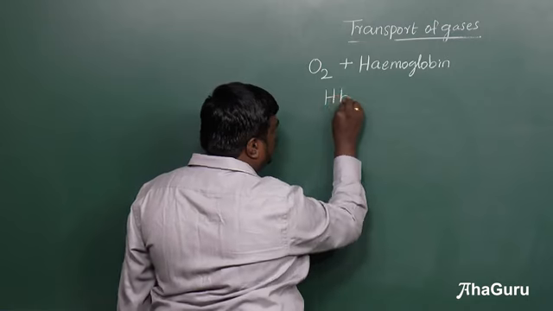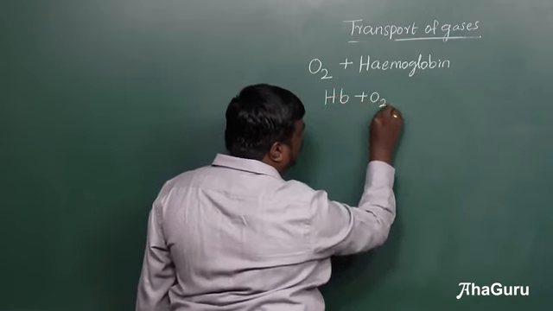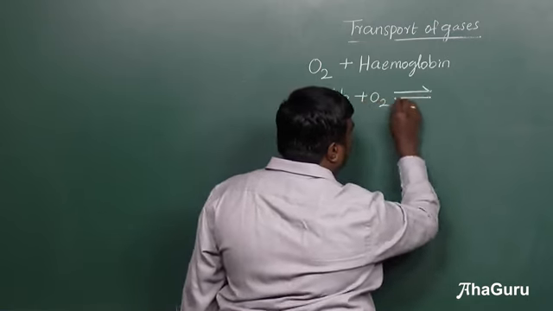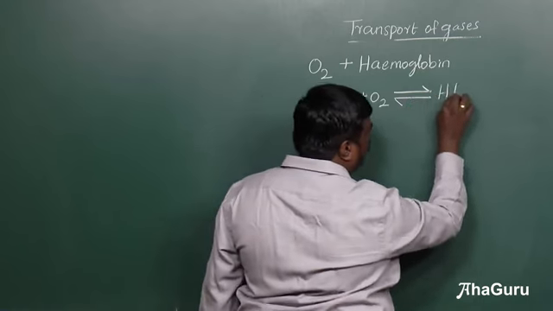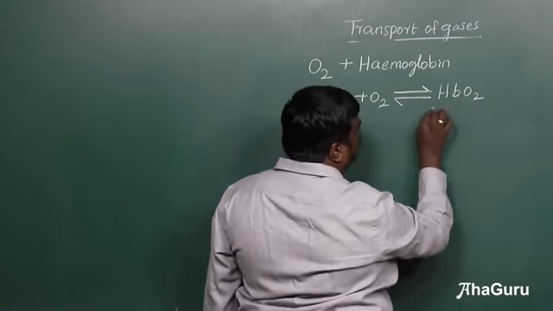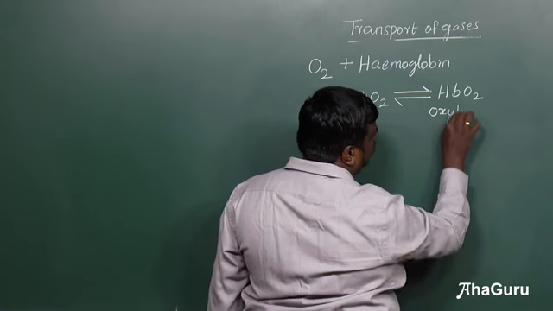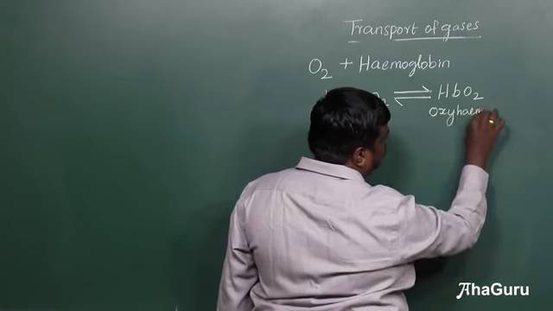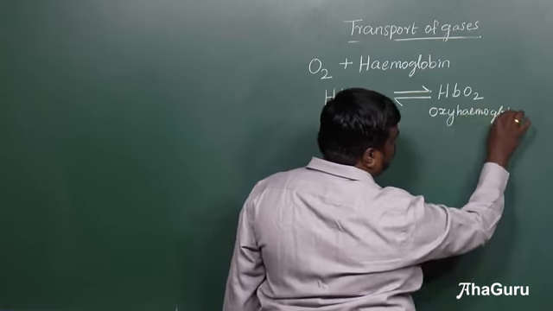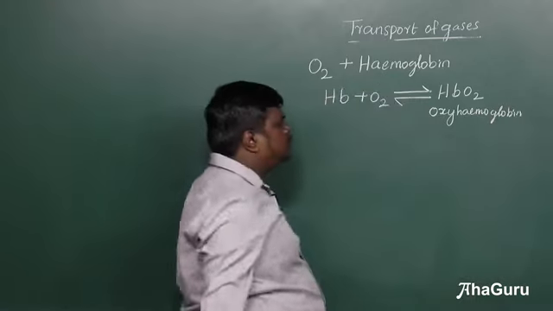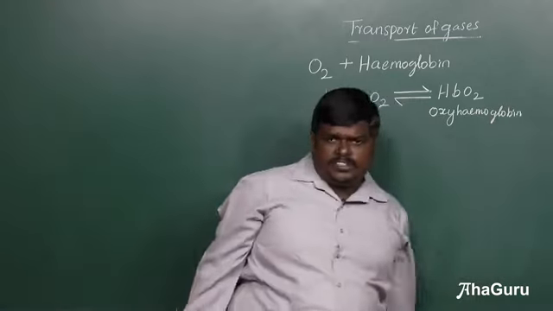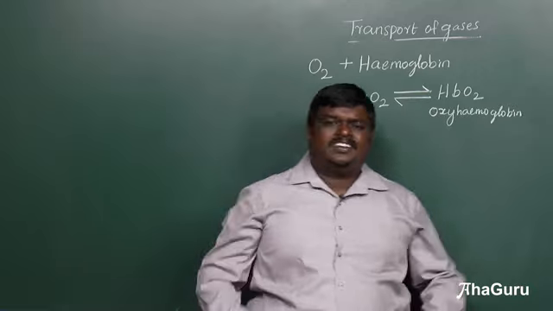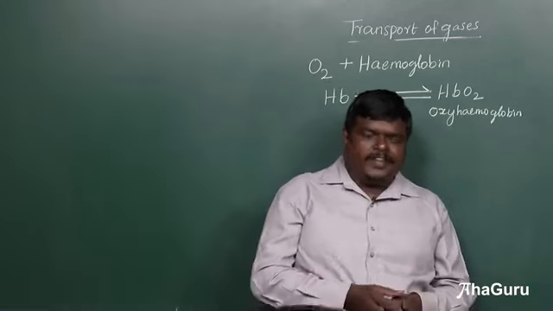The hemoglobin combines with oxygen and forms HbO2, that is oxyhemoglobin. In the oxyhemoglobin form, it is transported throughout our body.